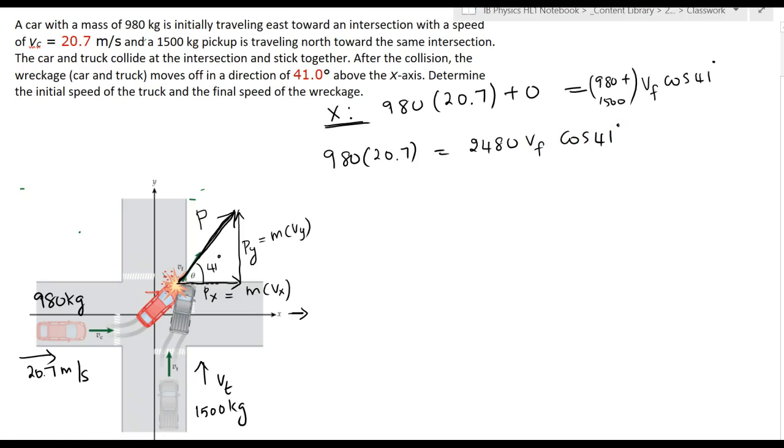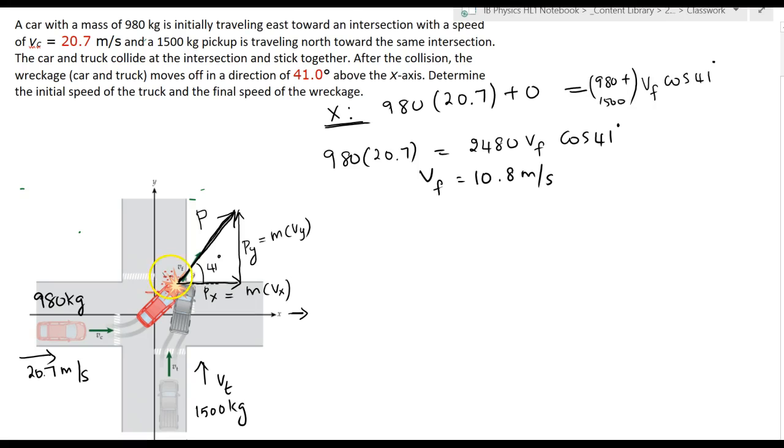From this equation, the only unknown is VF, so you can solve for VF. Solving, we get VF equal to 10.8 meters per second.